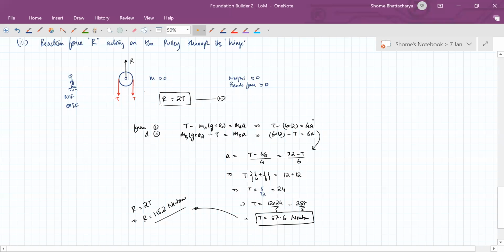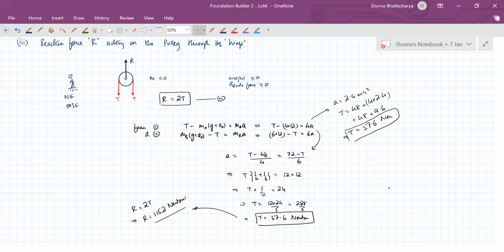Or you can just substitute the value of A in this also. A had come out to be 2.4 meters per second square. So you can see T is equal to 48 plus... you can do that also. So anyhow, this part is just algebra. The important thing is to understand the free body diagram and its application.